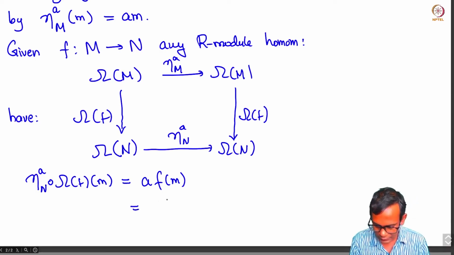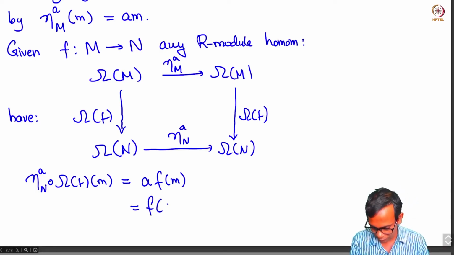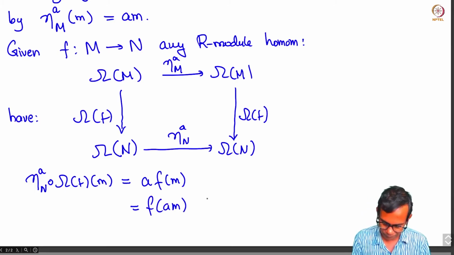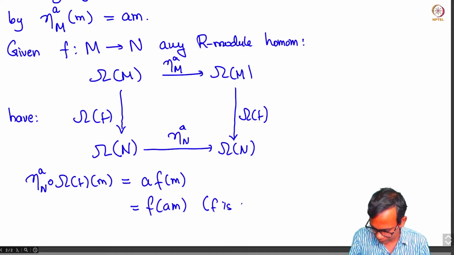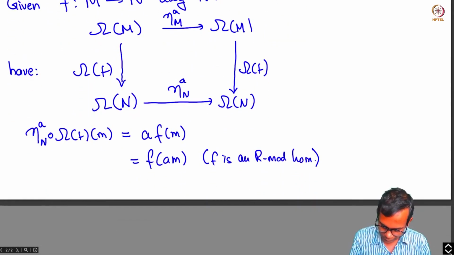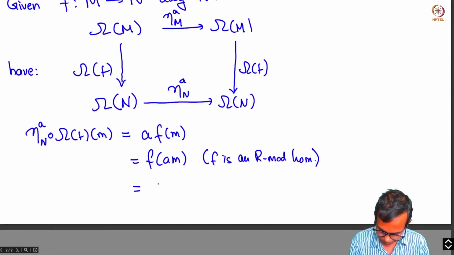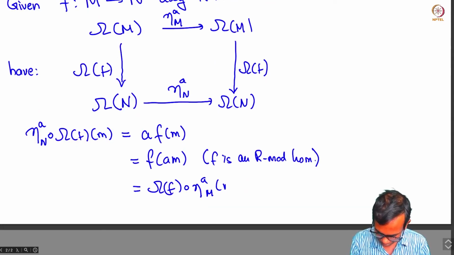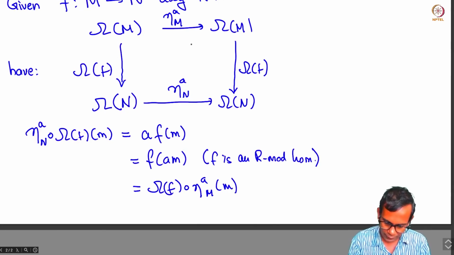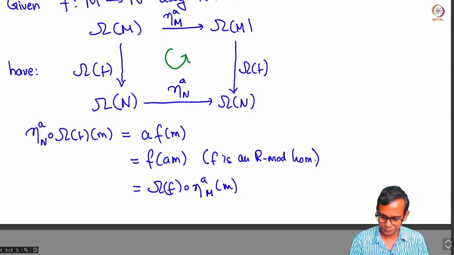But because f is an R module homomorphism, this is f of am. And so this is omega f circle eta M superscript a of m. So indeed this diagram does commute.